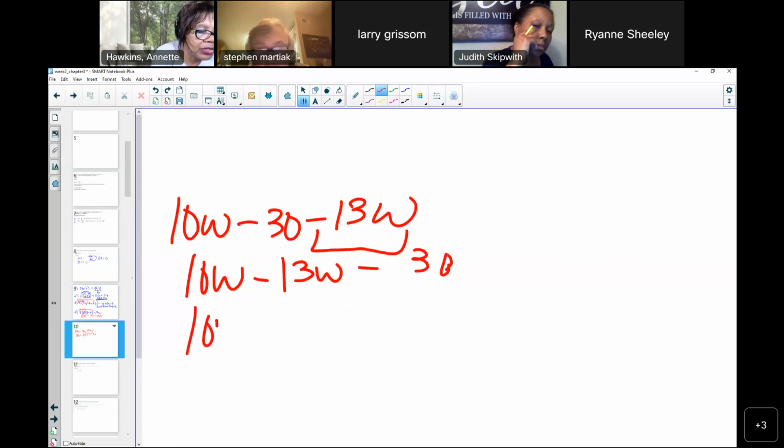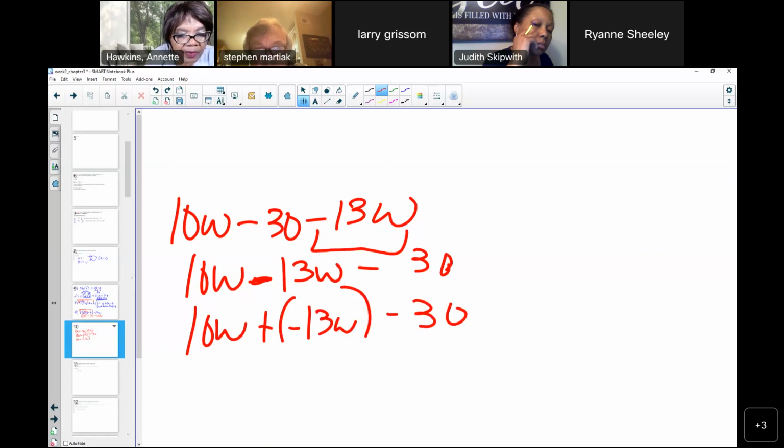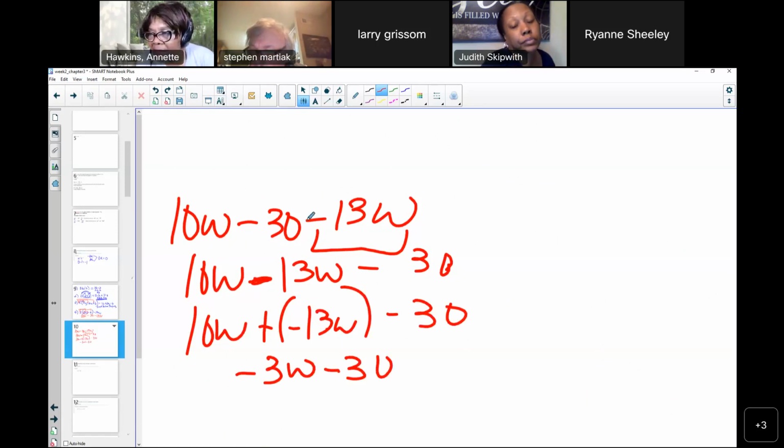Now, if you need to change your subtraction, do that. Subtraction means add the opposite of the number being subtracted. So I only have $10, but I owe 13. I'm in the hole. So I get negative 3w minus 30. Any questions about that?